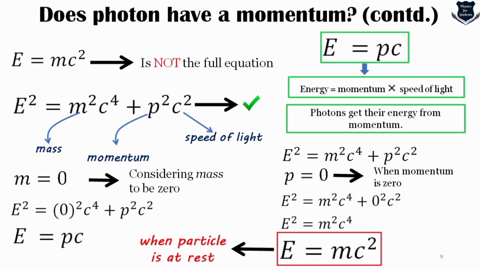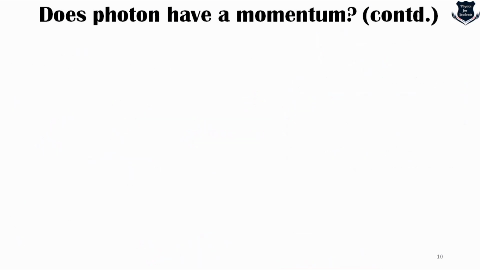So this E equals mc squared comes into play when the particle is at rest, right? So we saw two parts. One is that when mass is 0, the entire energy of the photon is the speed of light multiplied by the momentum, and if we consider the momentum to be 0, we get E equals mc squared. But remember, this happens when momentum is 0, meaning the particle is at rest.